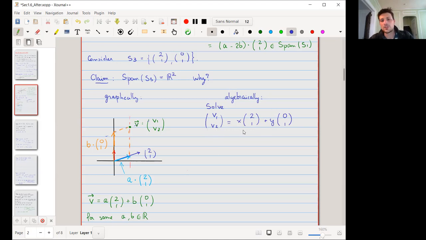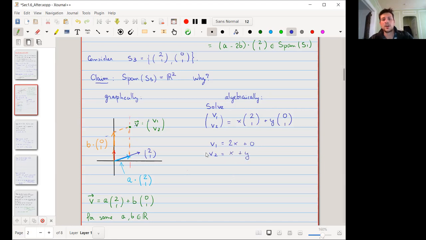If this equation here has a solution, then that means that I can write (v1, v2) as a linear combination of the other vectors. If I expand this out, I get 2x plus 0, v2 is equal to x plus y.